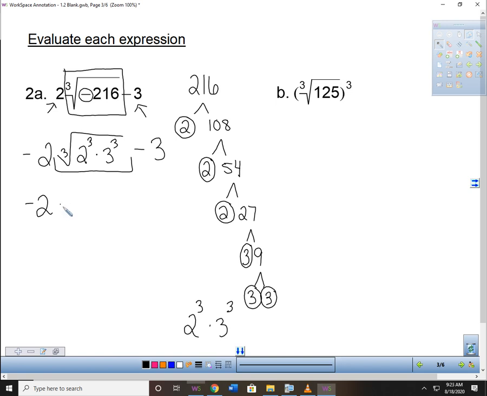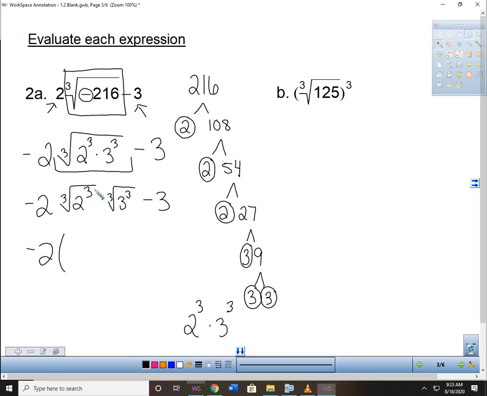Now you might want to view it like this and say, okay, this is the cubed root of the 2 to the 3rd times the cubed root of 3 to the 3rd. You can split this root into 2 separate ones so that you don't accidentally think that maybe it canceled and then this one had to stay. All right? So since I'm about to get rid of my root, I'm going to put a parenthesis here so we don't forget that we're going to have to multiply this part right here.